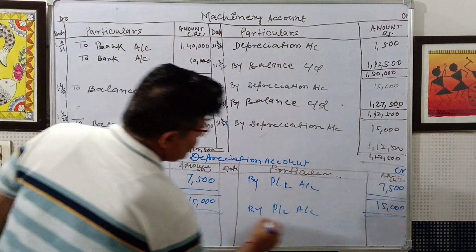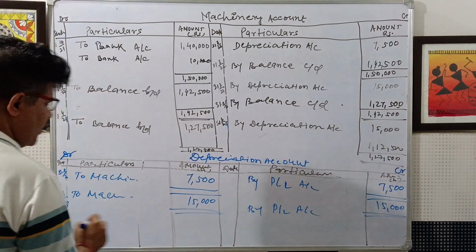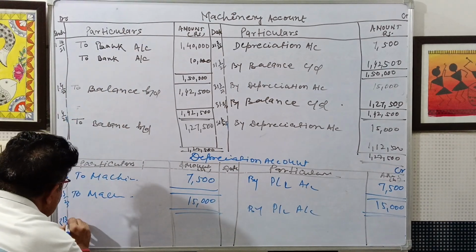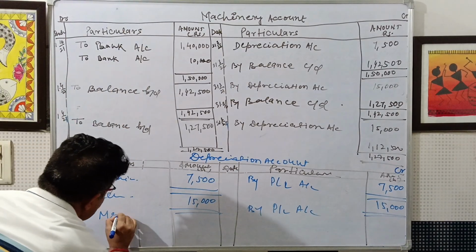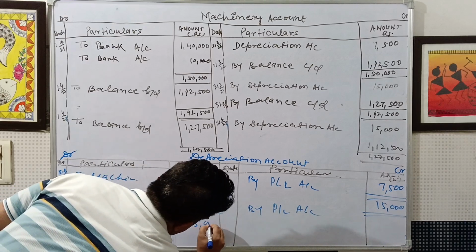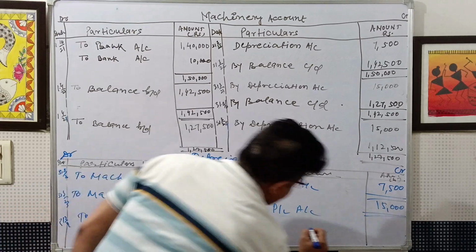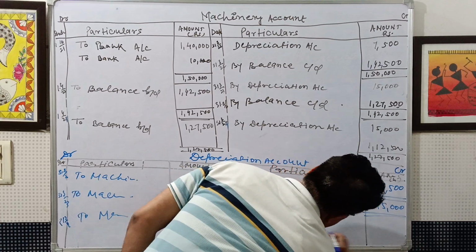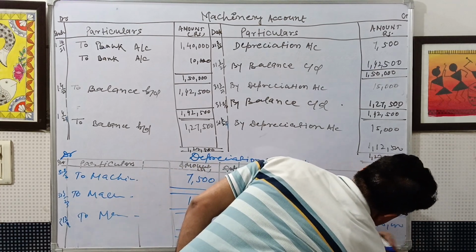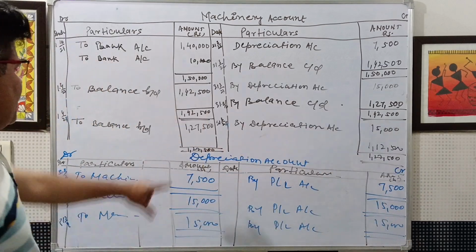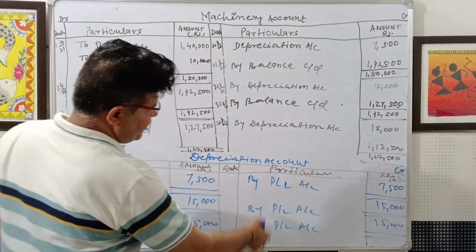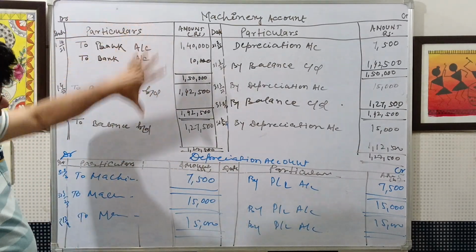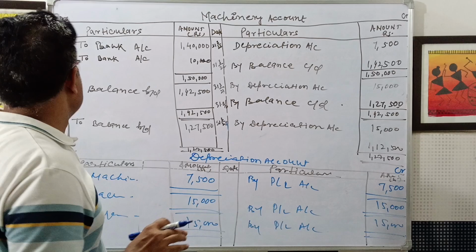So to machinery 15,000, 15,000, and now the 31st March 2024. So to machinery account 15,000, by PL account 15,000. So this is the depreciation account. These are the PL account. So this is the machinery account and depreciation account in this question.